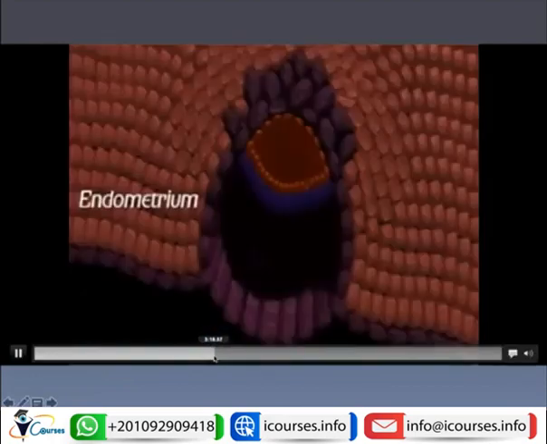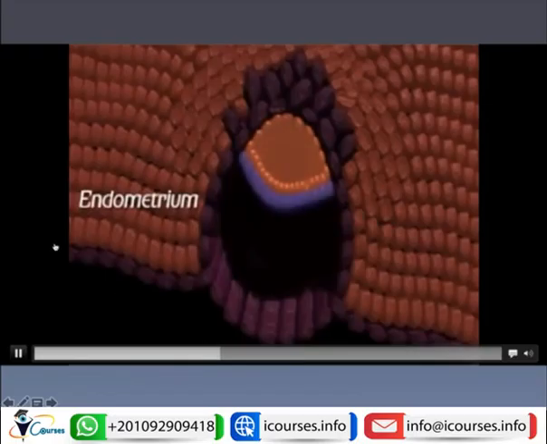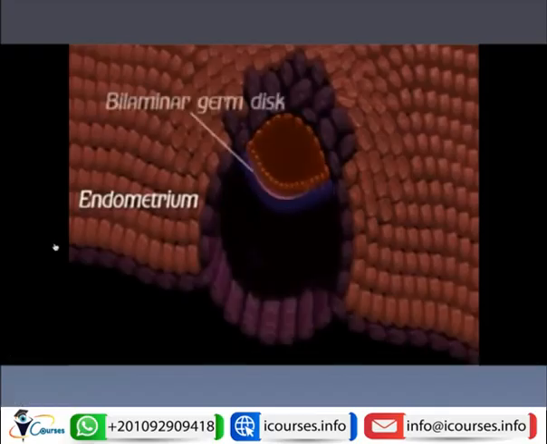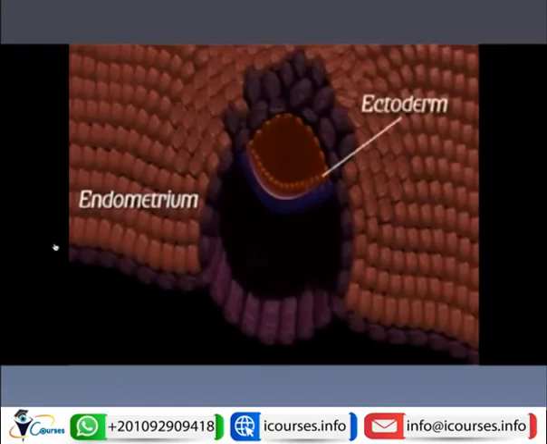About day 8 of gestation, the cells of the embryoblast differentiate into a 2-layered disc called the bilaminar germ disc. The dorsal cell layer is the ectodermal layer. These cells are columnar and they reorganize to form the amniotic cavity.